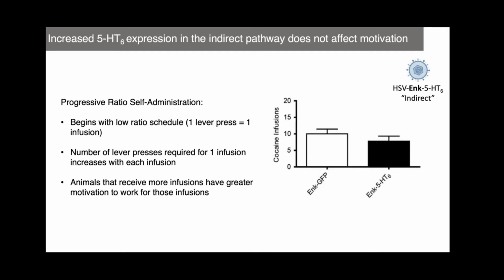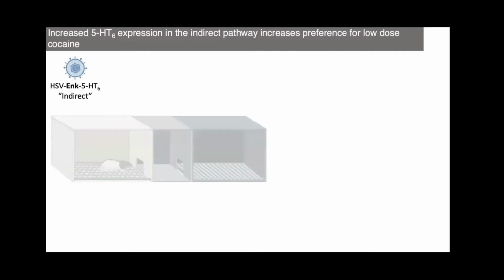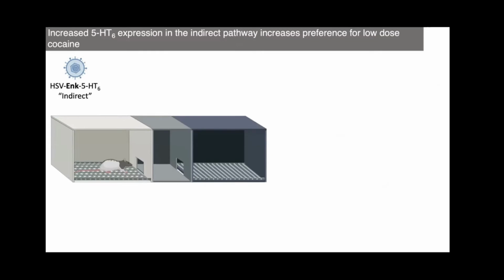In other words, because they're more sensitive to it, they need less cocaine in order to achieve their desired effect. So in order to test this hypothesis, I used a conditioned place preference test. And conditioned place preference testing uses a large chamber with 2 side rooms, each with completely different contexts, different floor textures, different wall colors, different lighting.